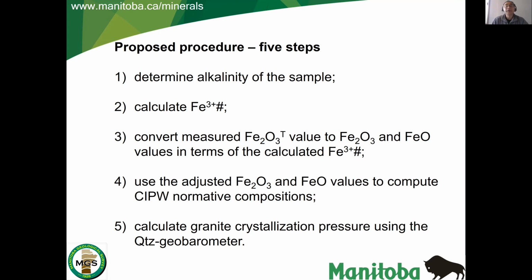So we propose 5 steps. The first, we were looking at why we're using this procedure. Step 1, determine the alkalinity of the granite samples. Then we calculate the ferric iron ratio, and convert the total iron to adjusted ferric and ferrous values in terms of the calculated iron ratio.